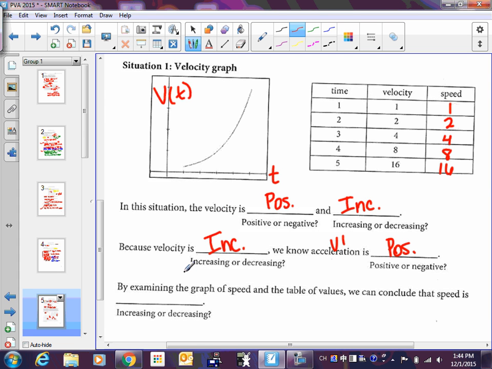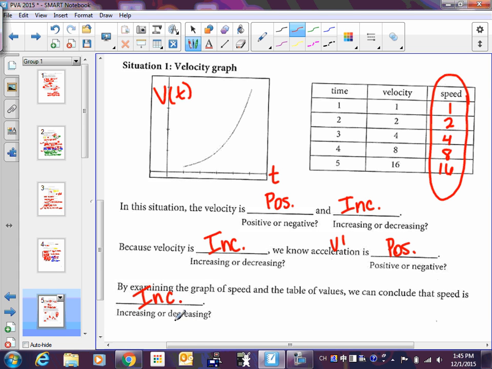All right, now we're going to combine all of this, and really we don't need all of this to answer the last blank, but you can really look at any of them, although I think the table is the easiest one to look at. Would you say that speed is increasing or decreasing? Increasing. Now, this is one situation.